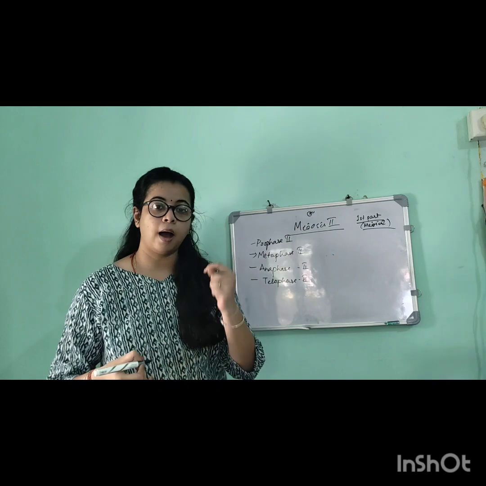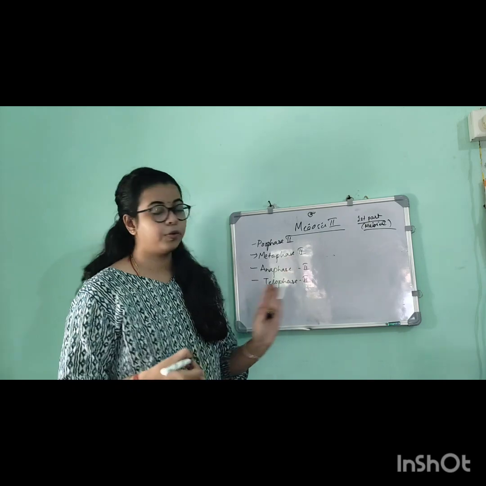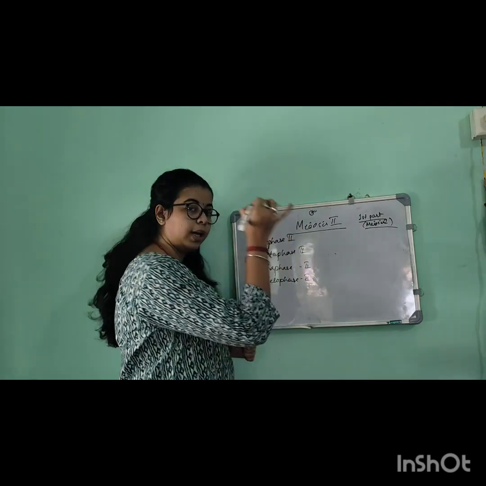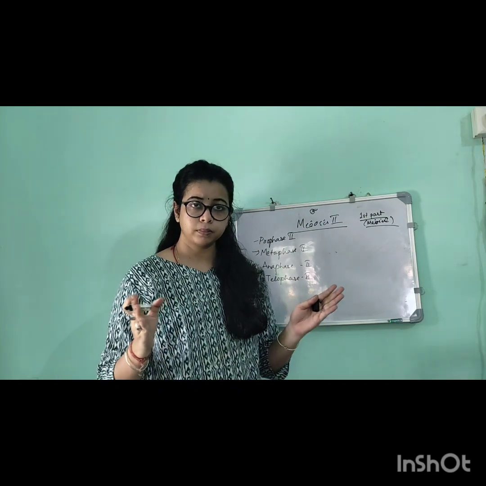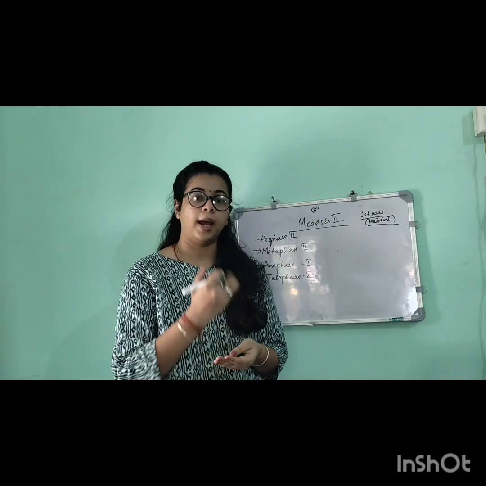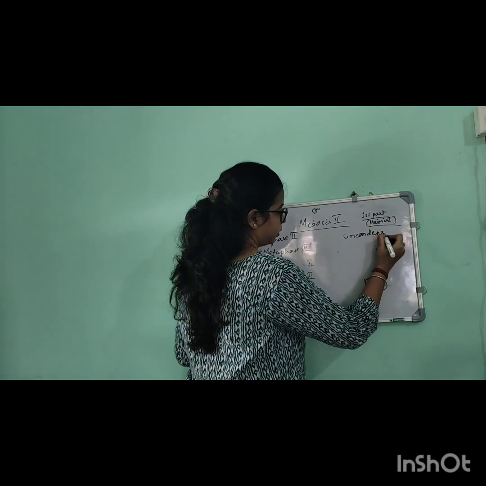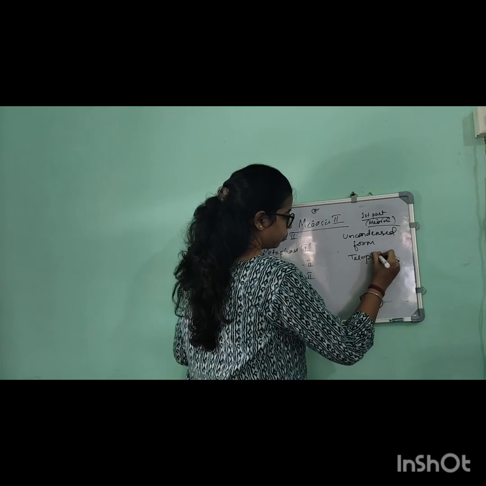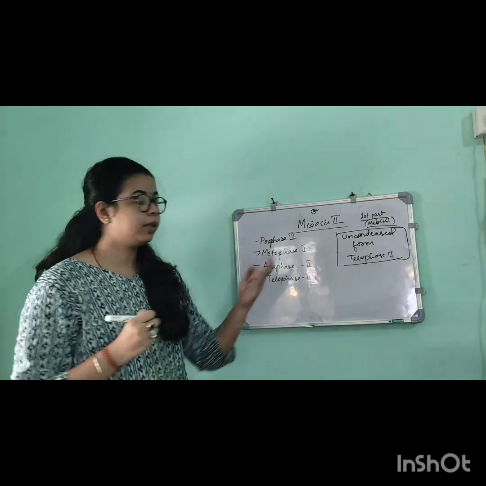Now after meiosis 1 is over, prophase 2 will begin. What will happen in prophase 2? As you remember, during telophase 1 the chromosomes returned back to the uncondensed form.